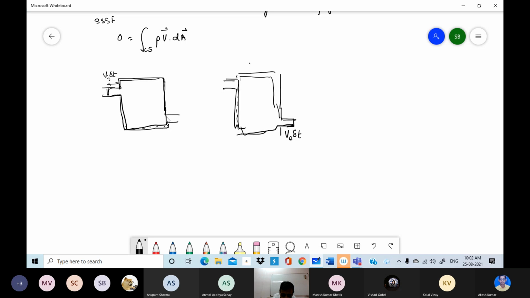The average velocity is the volume flow rate divided by the area. So let us assume it's the average velocity which is present throughout the inlet area, and similarly an exit average velocity is present throughout the exit area. So my control volume is this.